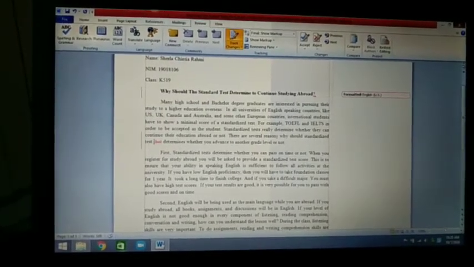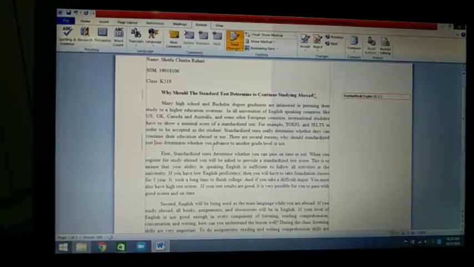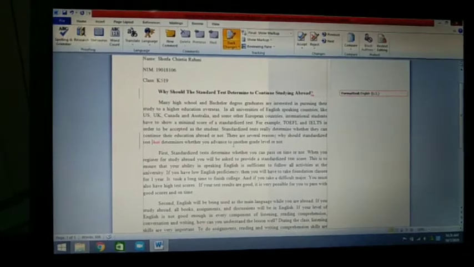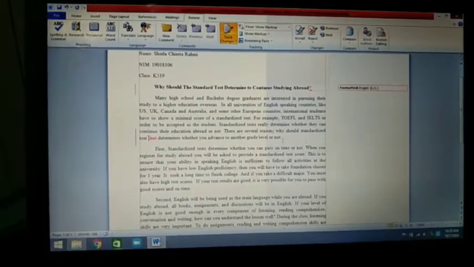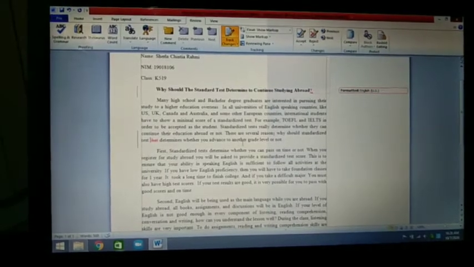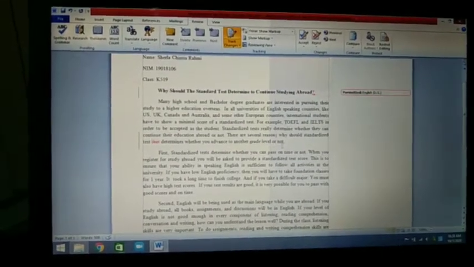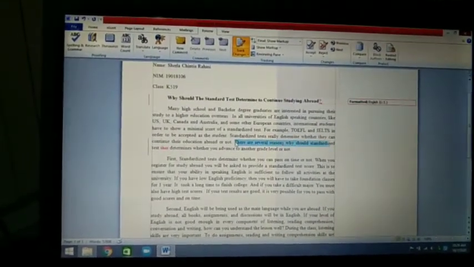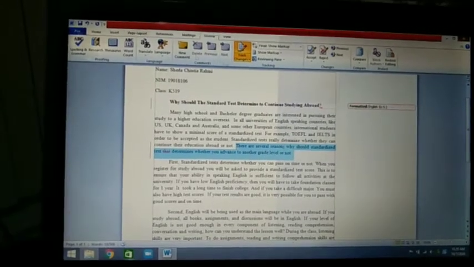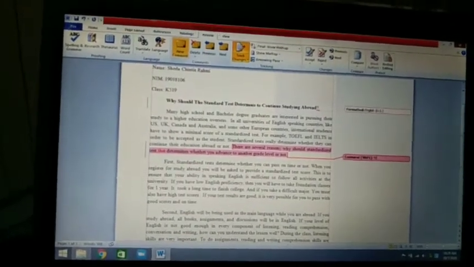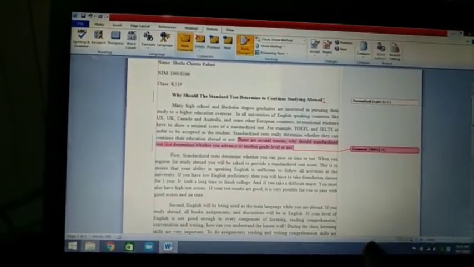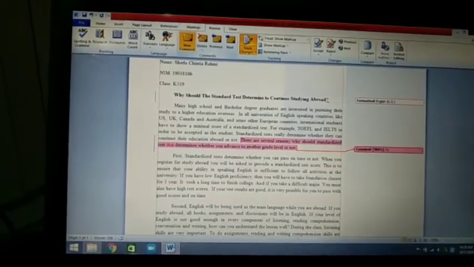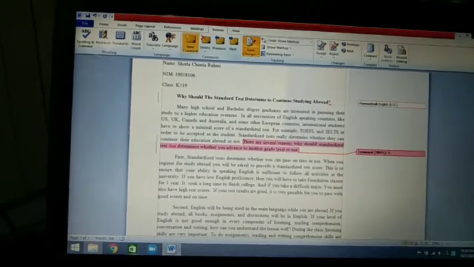Why should standardized test determines whether or not whether you advance to another grade level or not. Okay. This is the basic statement. You comment TS. There are several reasons why should standardized test determines whether you advance to another grade level or not. Not bad.